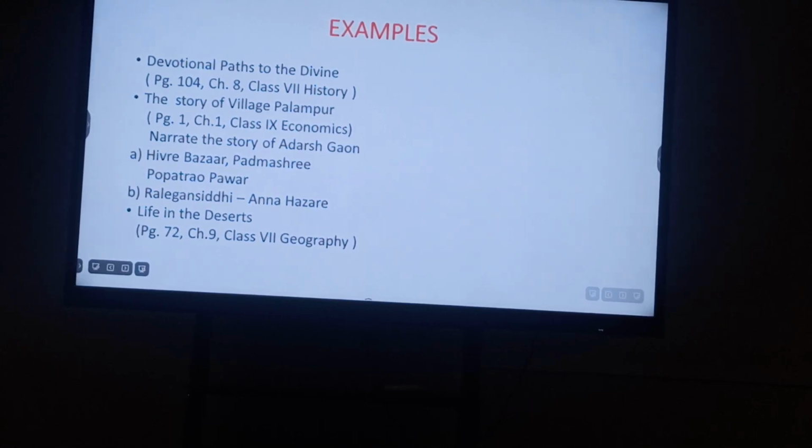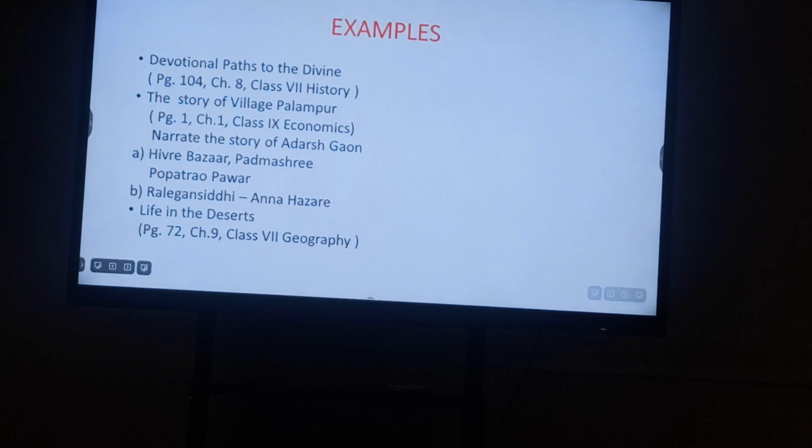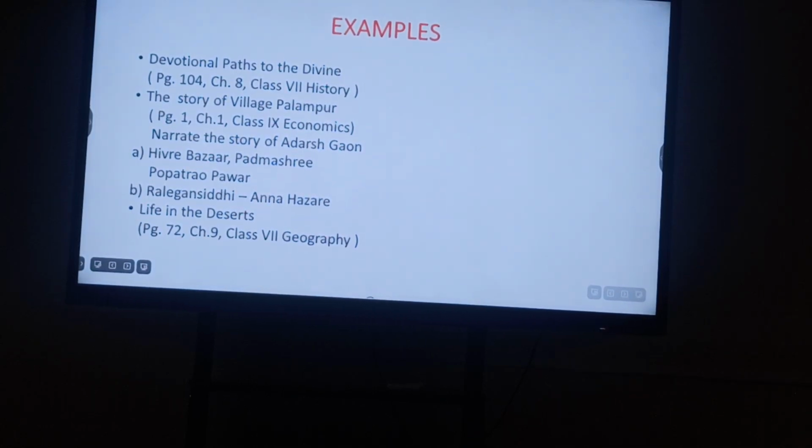Hivre Bazaar is a place, please understand, which, like Ralegan Siddhi, was a place where there was scarcity of rain. And these two people, both are Maharashtrians. Anna Hazare, an ex-army man, and Popatrao Pawar.